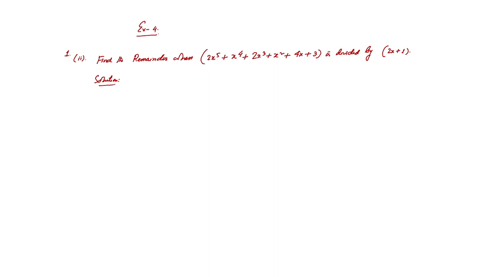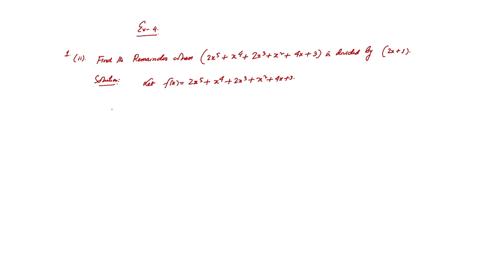Here is the solution. First you consider the polynomial as f(x). So let f(x) equal 2x to the power 5 plus x to the power 4 plus 2x cube plus x square plus 4x plus 3.